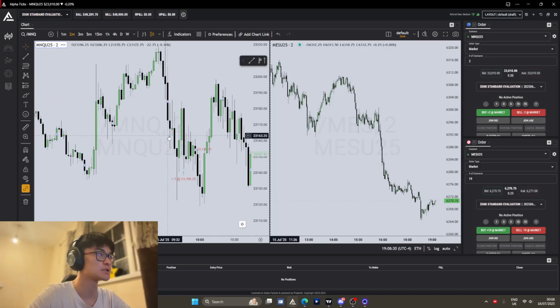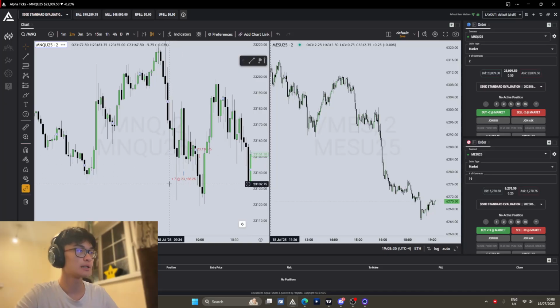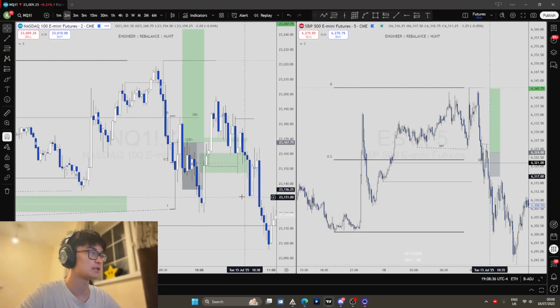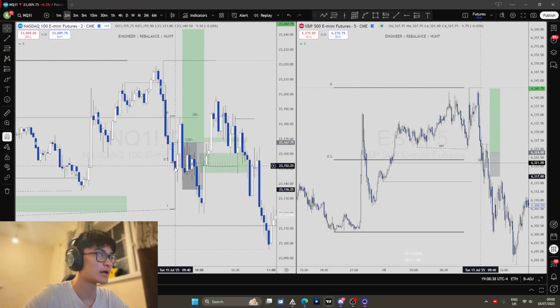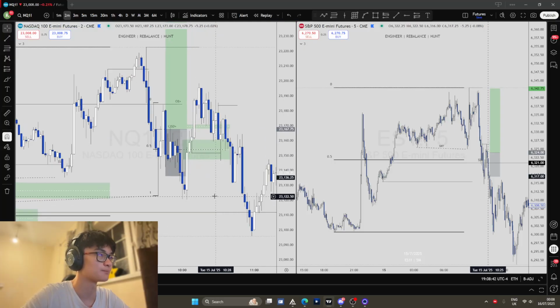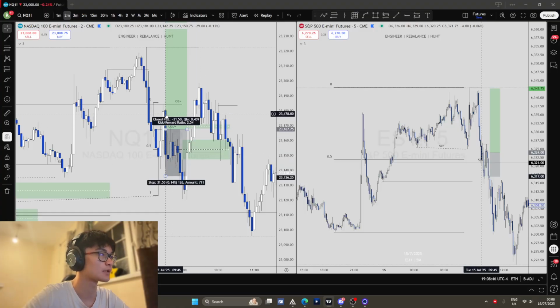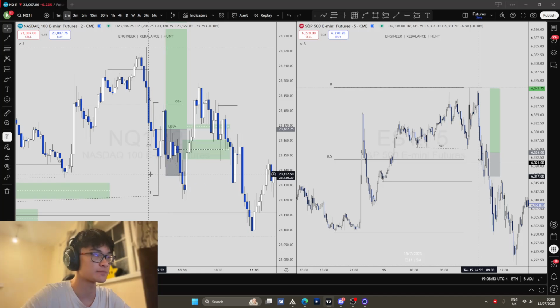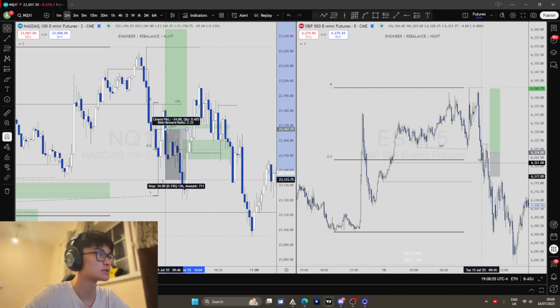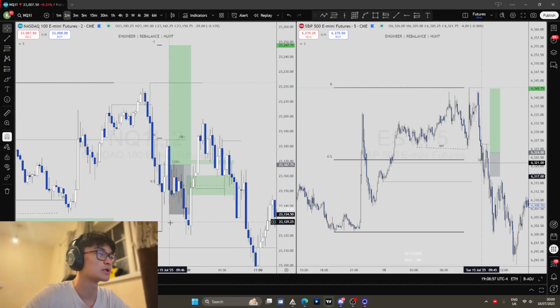It is because this wick is so long, and because of that, it doesn't have to stop at that body of the change in the state. So yeah, if you would have put the stop at the change of state, it still would have got hit anyway, and even if you put it below 75%, it would have got hit anyway. So around here, it would have got hit anyway.